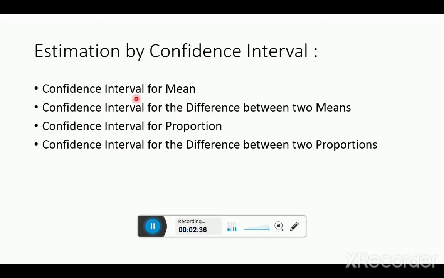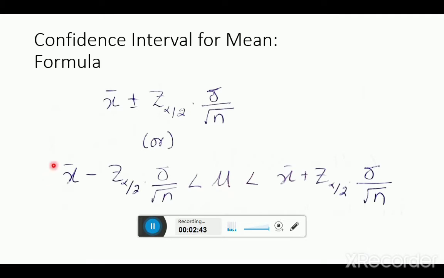Now we are going to start our first topic, the confidence interval for mean. The formula for this is: x bar plus minus z alpha by 2 into sigma over under the root n. What is x bar?